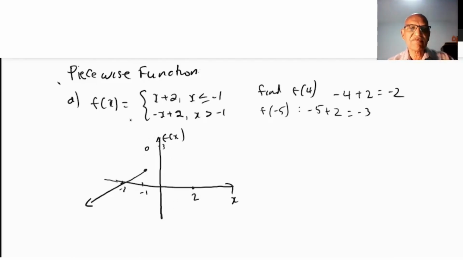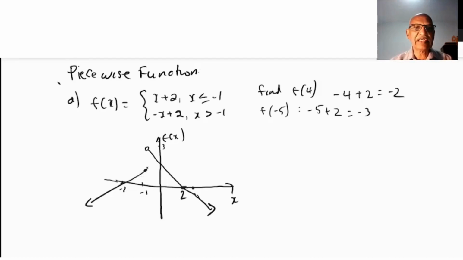And we know the graph goes this side because it's a negative slope. So it will be starting from here. Let's say this is 2. Okay, so this is my second graph.